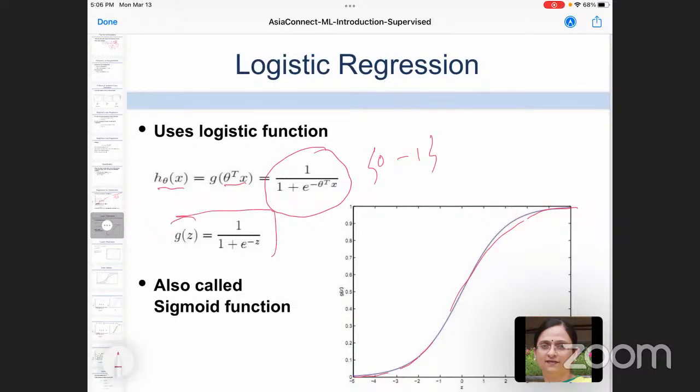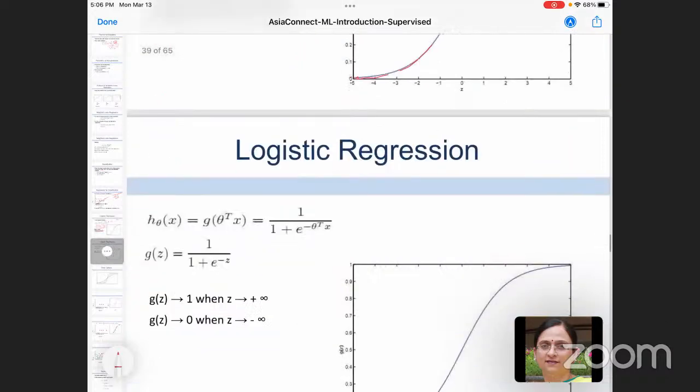Here z equals theta transpose x, and then you have a sigmoid function which maps your z value to between 0 and 1. In linear regression the value theta transpose x can be 100, it can be 200, but here you just squeeze this value into the range 0 to 1. This is the goal of the sigmoid function.